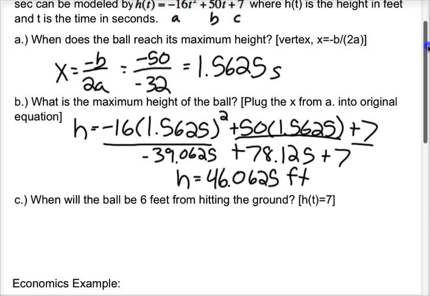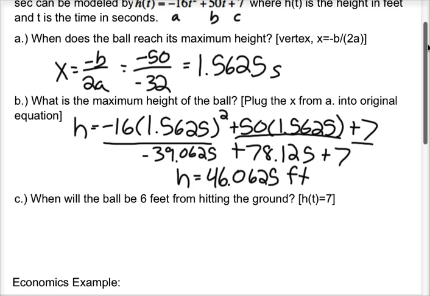All right, now, when will the ball be 6 feet from hitting the ground? I'm sorry, that should actually be a 7 there, so please fix that typo. So when is it going to be 7 feet from hitting the ground? So again, I started at 7 feet. It took 1.5625 seconds to reach that maximum height.